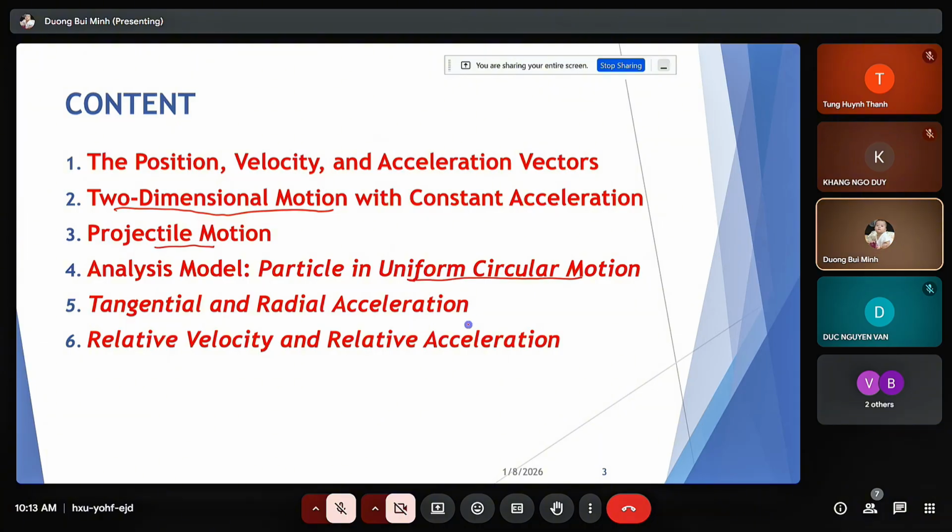This one is very important. Tangential and radial acceleration. And this one may be for your reference. Relative velocity and relative acceleration. So this is the list of contents of lecture 2, part 3, and we hope we can finish the lectures next week.